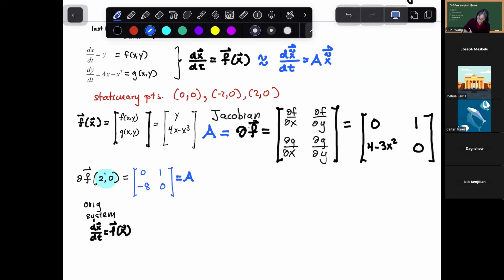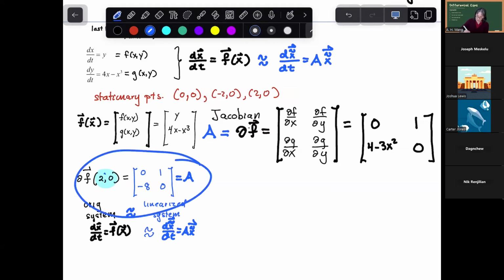And it's going to be approximated by the linearized system. This whole thing is going to be approximated by dx tilde/dt equal A x tilde. Everybody got that? So this is the A of the new system.